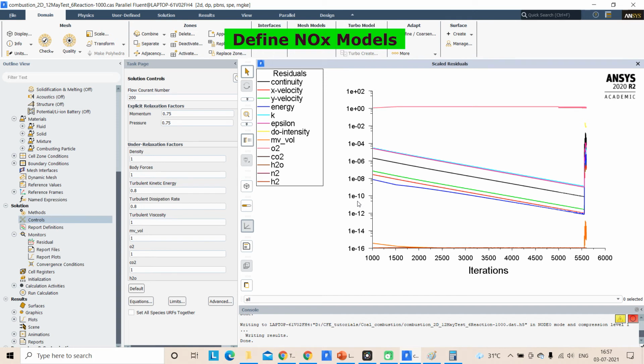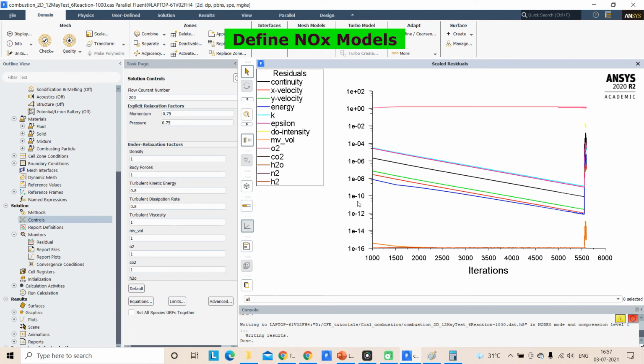Then we'll understand how species equations are solved separately, because we cannot solve the pollution species previously, because pollution formation depends on combustion. If combustion is not complete, or the maximum temperature has not converged, then there is no point in solving for the pollution species.